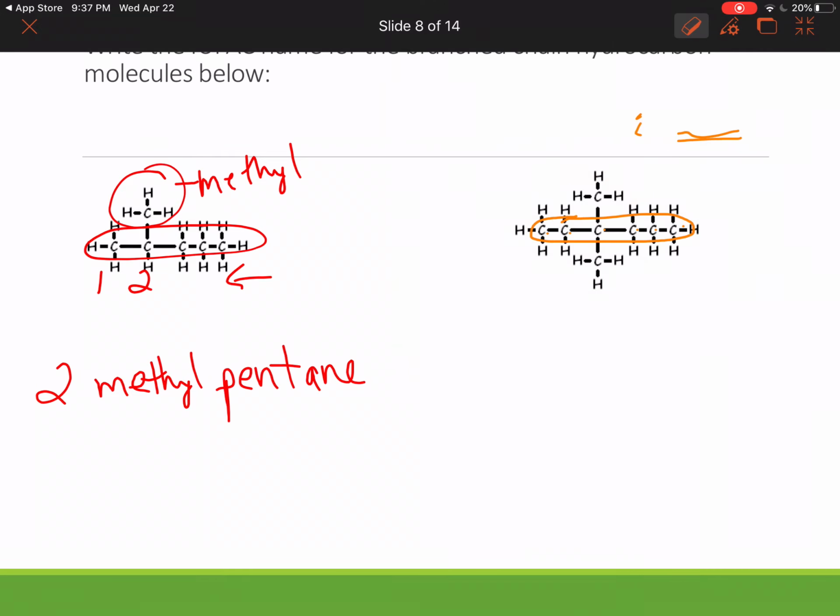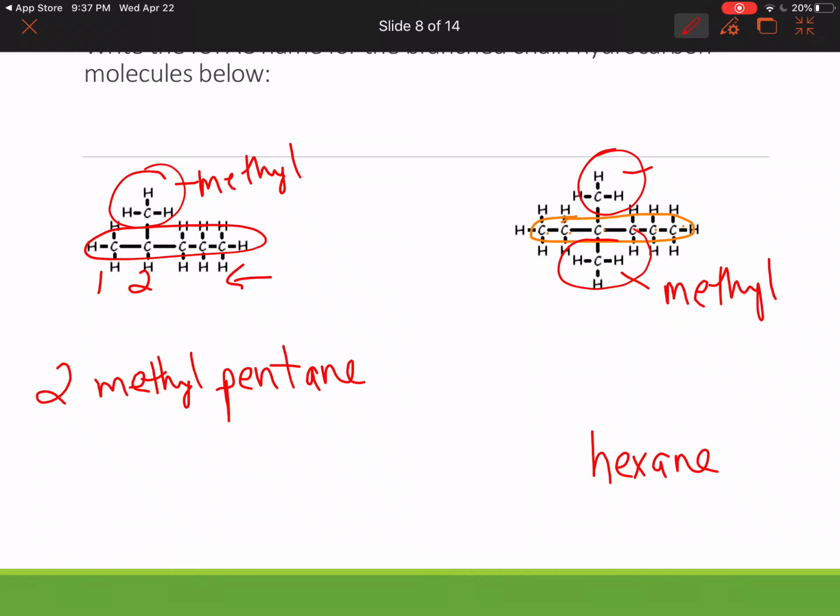Typically we're not going to give you anything too crazy, but there's definitely challenging ones that might be out there. Here are our side chains. So we did our 6 first, so our 6 is going to be hexane. Now, what have we on each one of these? This is a methyl, and this is a methyl.